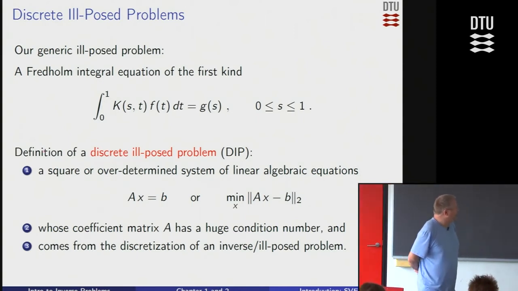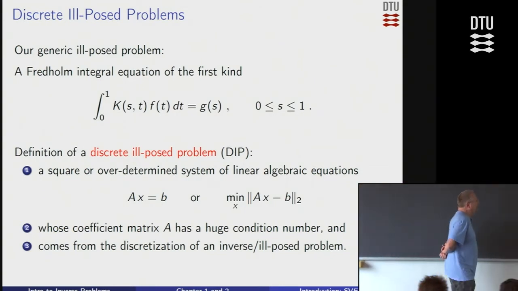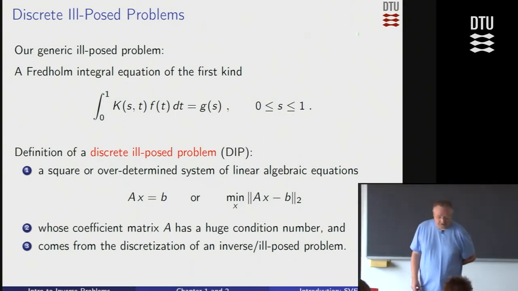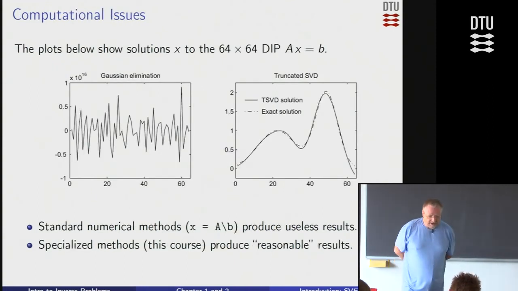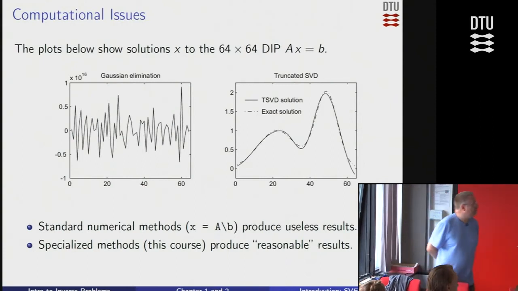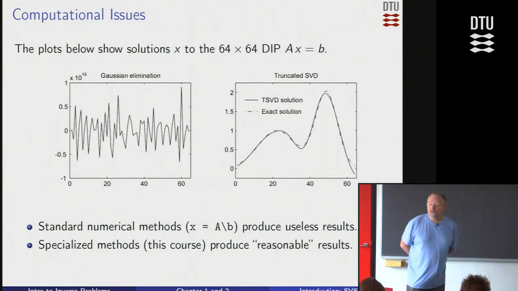Anyway, looking a little ahead, we somehow discretize this problem, turn it into a linear system of equations, let's say Ax equals b, and boy, we know how to solve Ax equals b. That's something we learn in the first semester, how to solve a linear system of equations. And in fact, it's very easy to do in MATLAB.